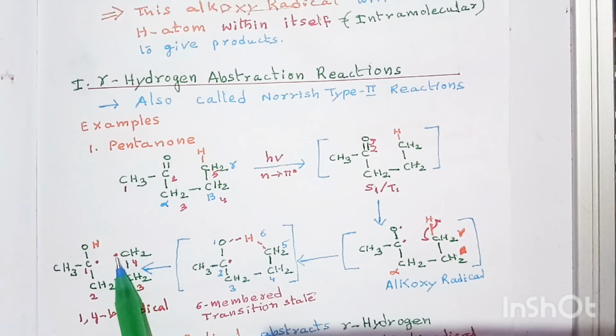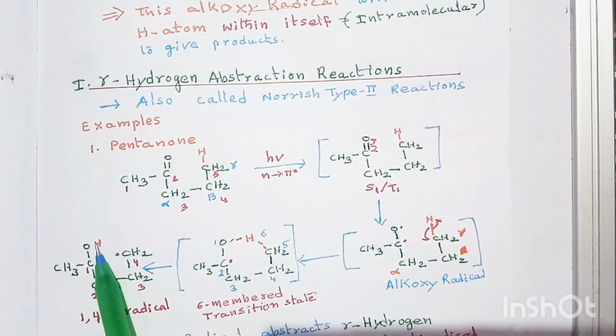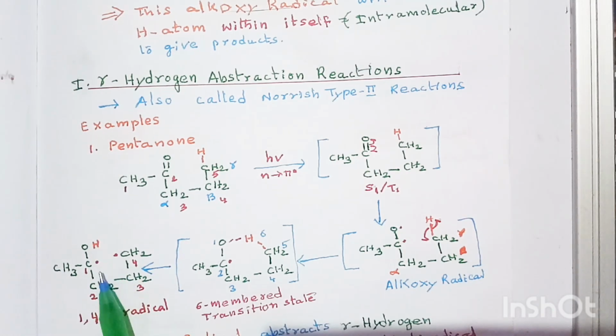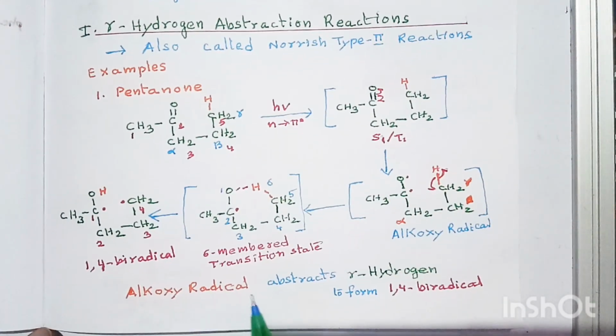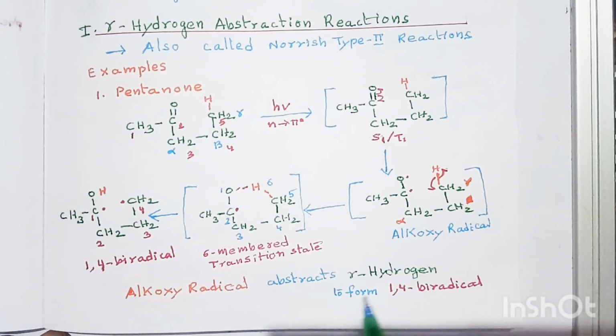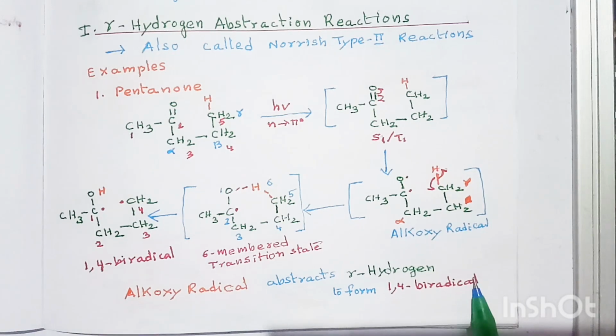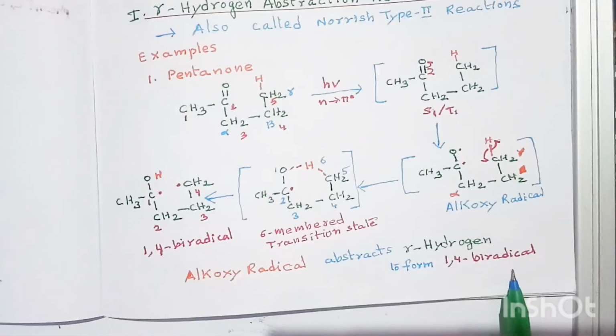This fourth carbon atom also has a radical because it has given off the hydrogen atom. So this is called 1,4 biradical. So in short we can say alkoxy radical abstracts gamma hydrogen atom to form 1,4 biradical. Now we shall see what happens to this 1,4 biradical.